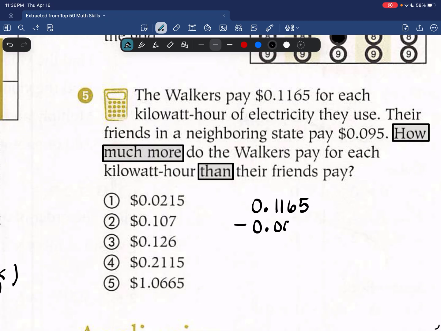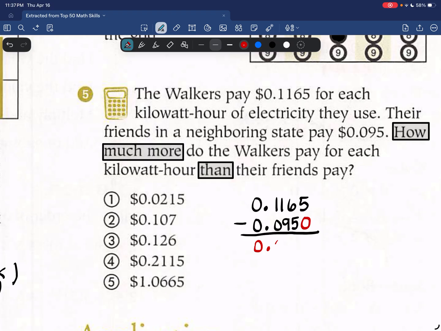Oops, I'm about to make a boo-boo because I'm getting in a hurry. If you're doing it on the calculator, you just type it in. And I think I'm going to, just because they tell me that I can. 0.1165 minus 0.095 is 0.0215.